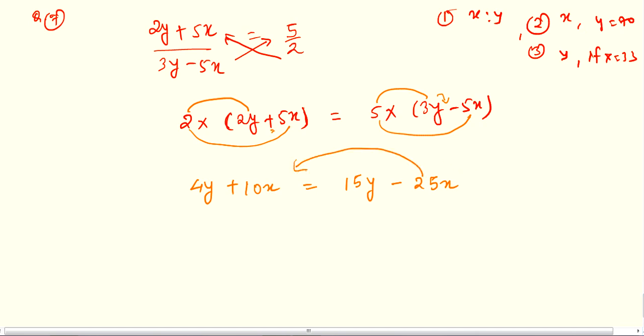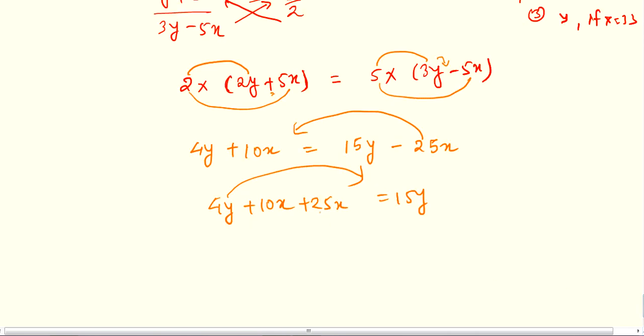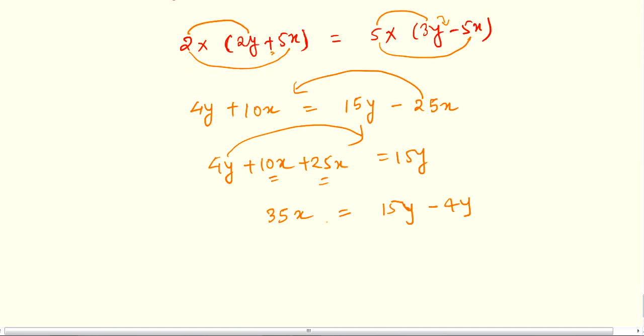Now transpose this 25x to the left-hand side to separate x and y. Then 4y plus 10x plus 25x equals 15y. Now transpose this 4y to the right-hand side. So 10x plus 25x will be 35x equals 15y minus 4y. So 35x can be written as 35 into x equals 11y, and directly we can write 11 into y.